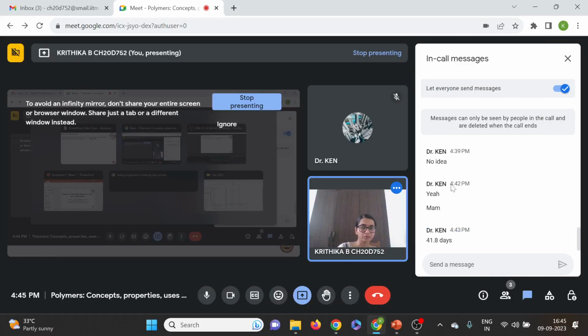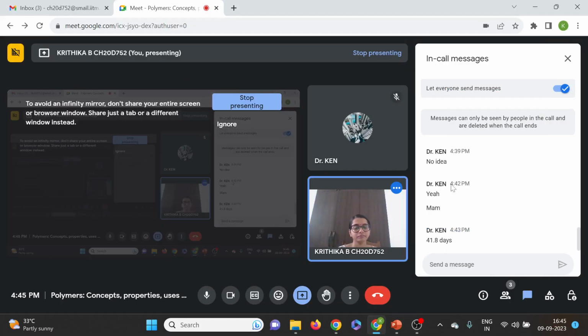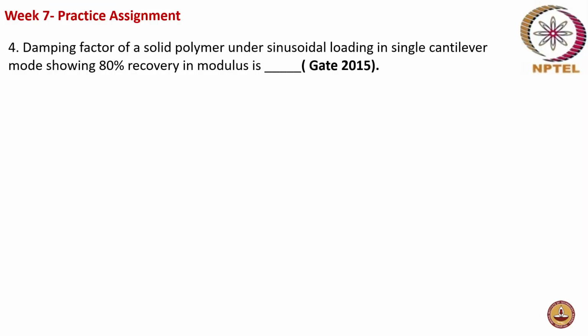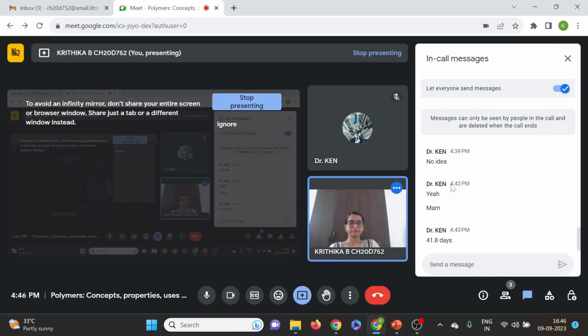So how do you go about it? How do you go about this question? How do you find out the damping factor for this solid polymer? Are you giving a try?